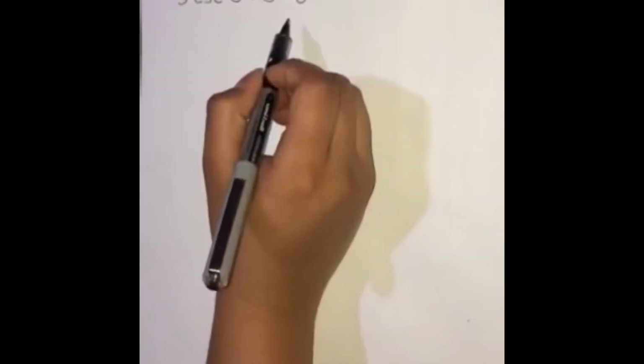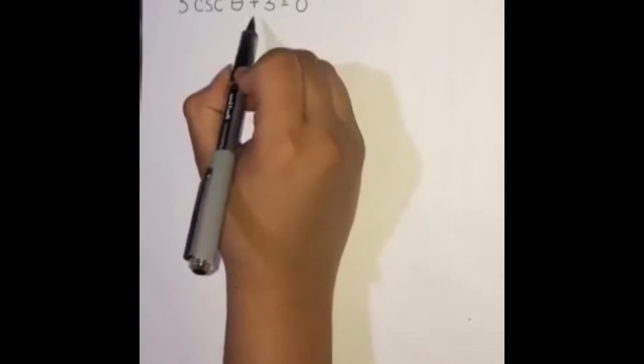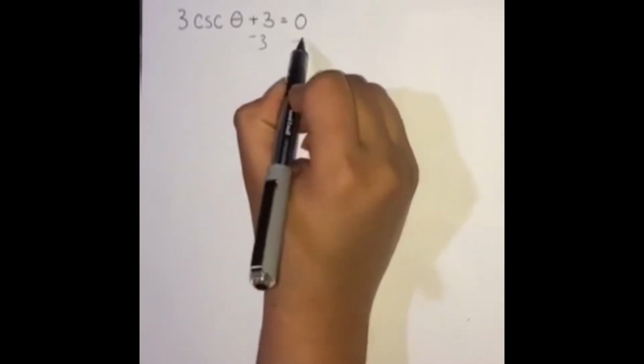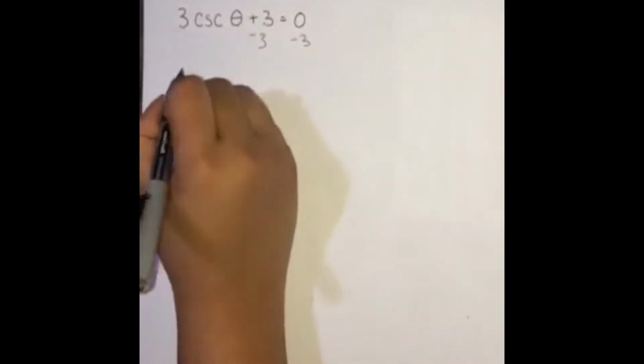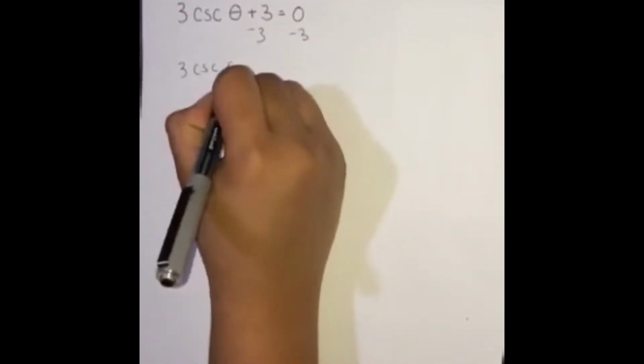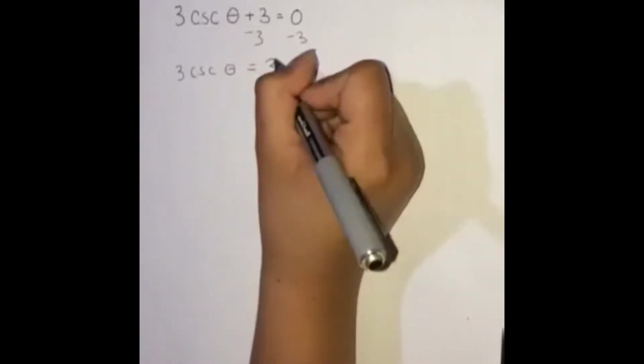Just as here is an x, and also here is an x. For this problem, we will isolate cosecant theta first, and that means we will have to subtract 3 from both sides. So we have 3 cosecant theta equals 3, negative 3.